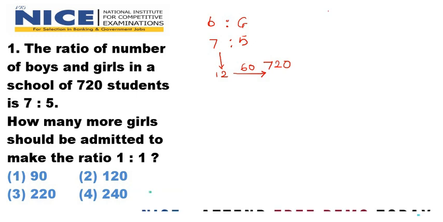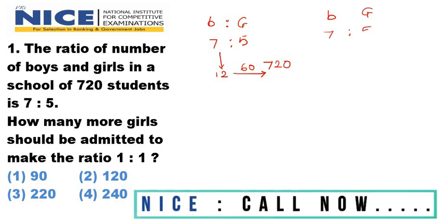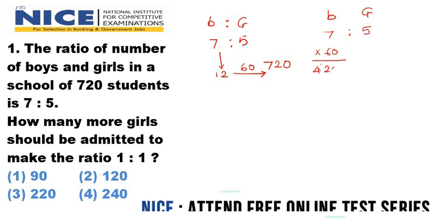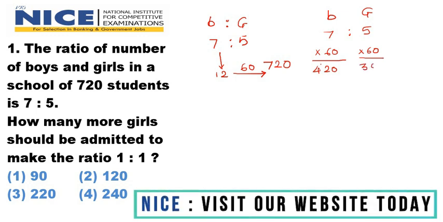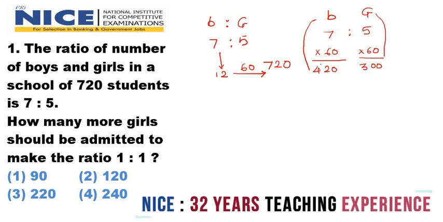The number of boys to girls is 7:5, and each number is to be multiplied by 60. This gives me 420, and if I multiply 5 also by 60, this gives me 300. So the number of boys comes out to be 420 and the number of girls comes out to be 300.